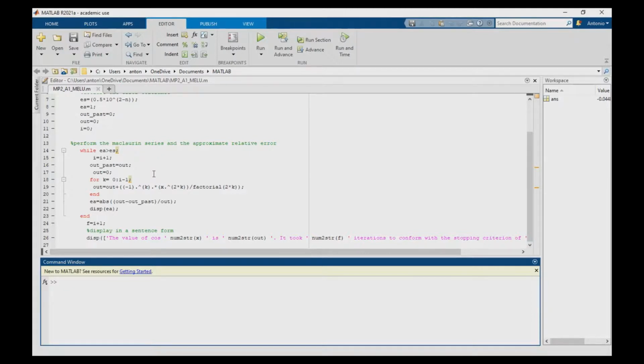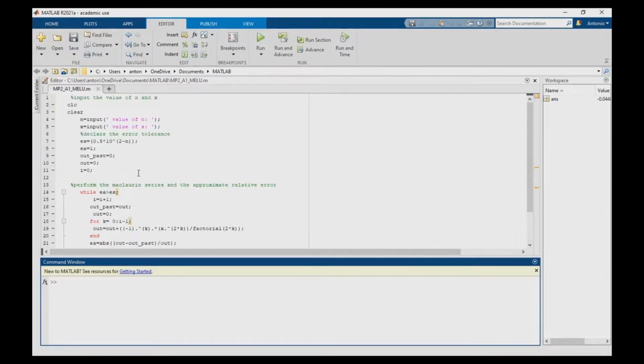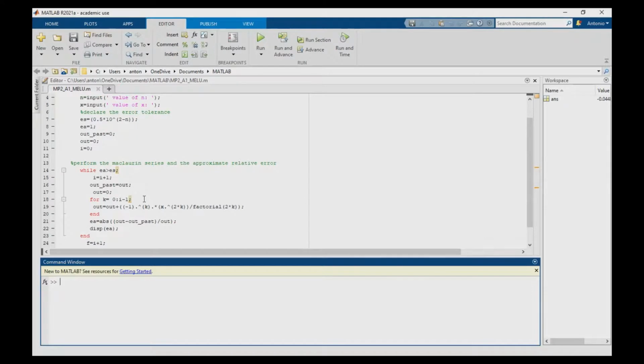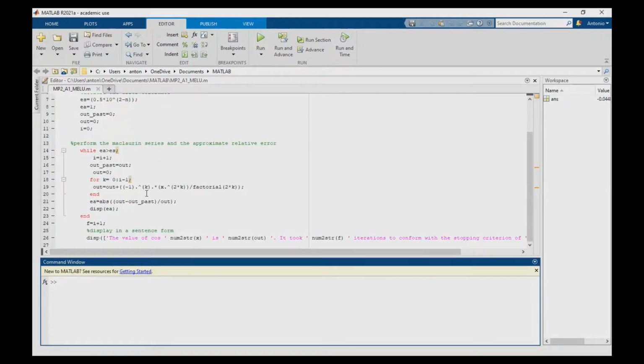Then we compute the Maclaurin series, which is negative 1 to the power of k, since n is tasked as the number of terms, multiplied by x to the power of 2k over factorial of 2k. And then the for loop ends. While the for loop ends, the while loop has not ended yet.